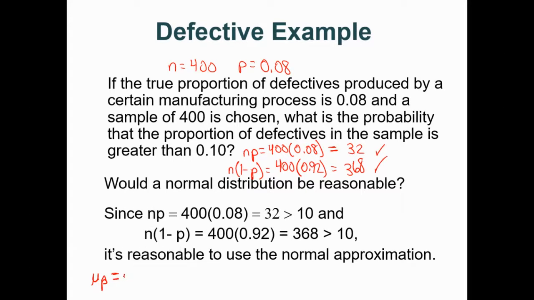That should be our population proportion, which is 0.08. Then we need to get sigma of p hat.